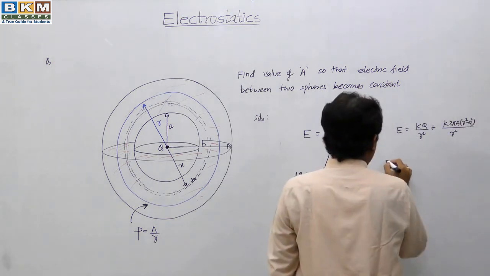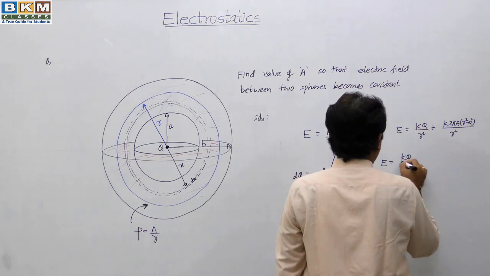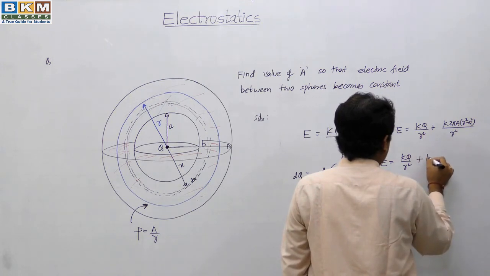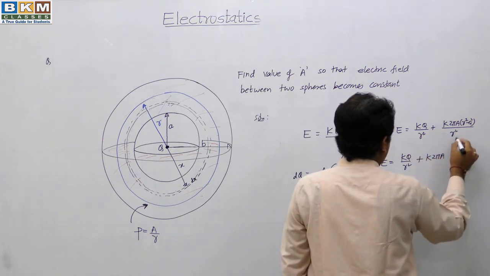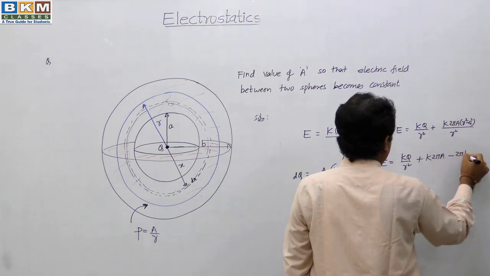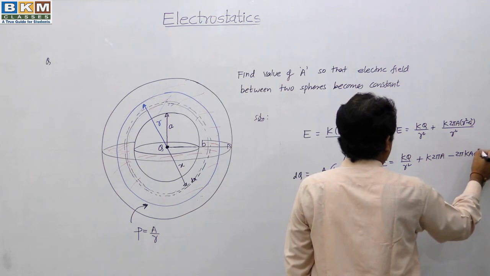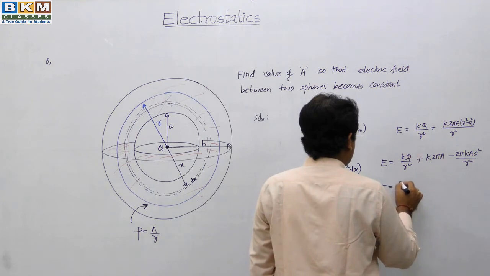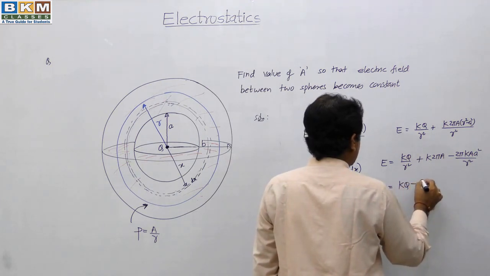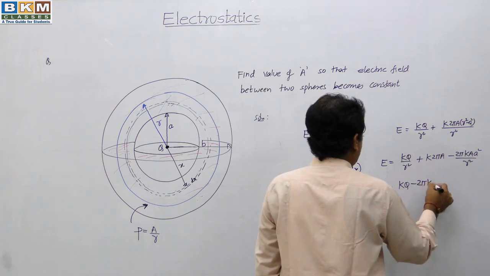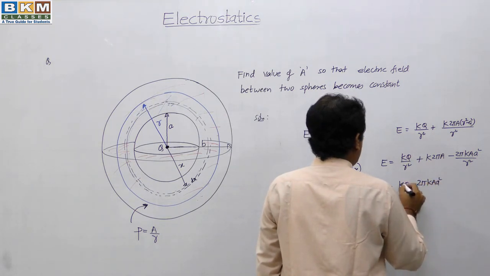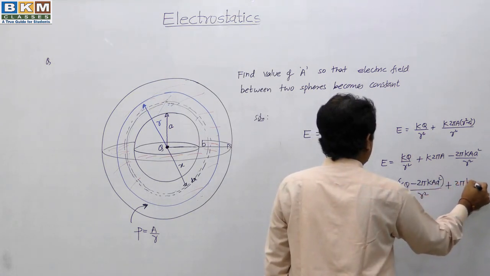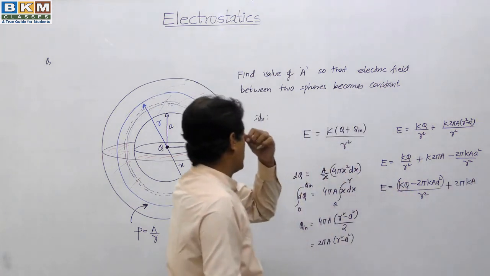So the expression of electric field becomes kQ by r square, and one r square gets cancelled, so it becomes k 2 pi A minus 2 pi k A a square by r square. Now I can write this as (kQ minus 2 pi k A a square) by r square plus 2 pi k A.